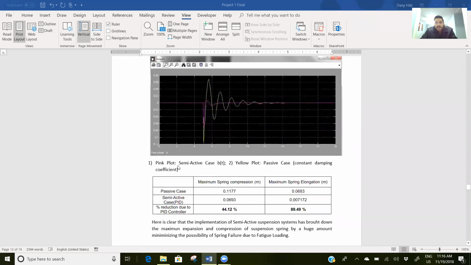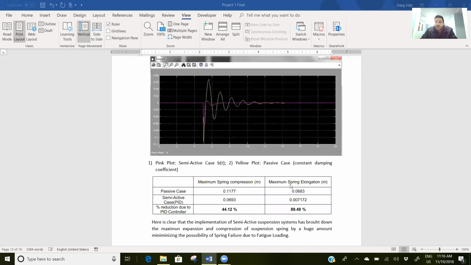We got the suspension travel. The pink plot is the semi-active case, and the yellow plot is the passive case, which has a constant damping coefficient. In the passive case, the maximum spring compression was about 0.177, and in the semi-active case 0.0693, which was reduced by 44.12%.